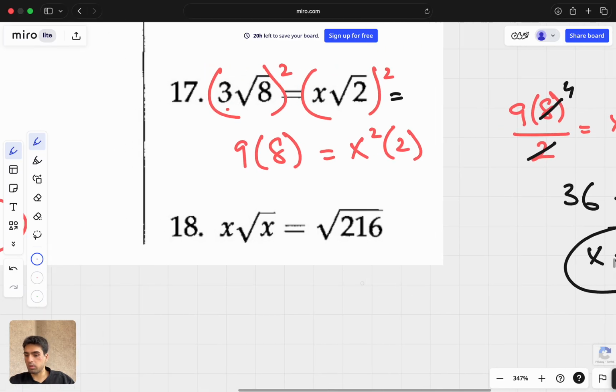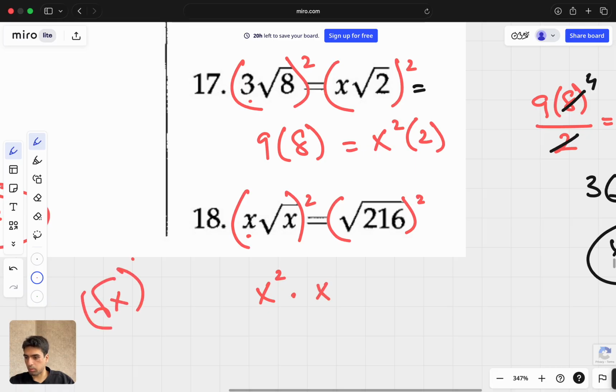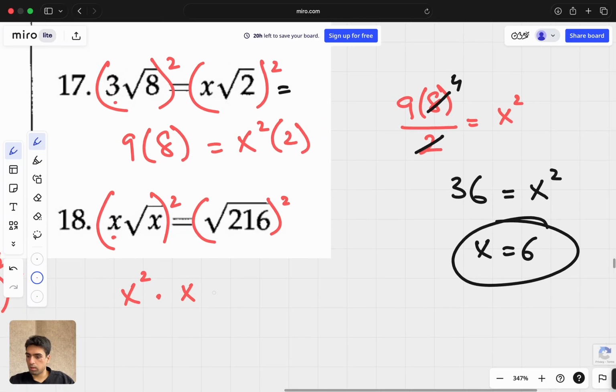And then for this one, we can square it again, so square this, you get x squared, and then root x squared is just x, right? Root x squared is just x because it cancels out, is equal to, and this cancels with this, so 216.